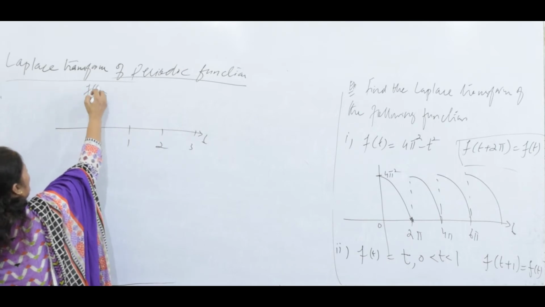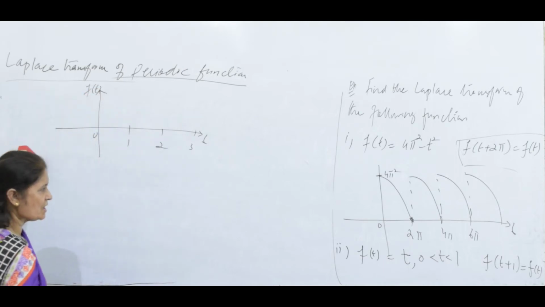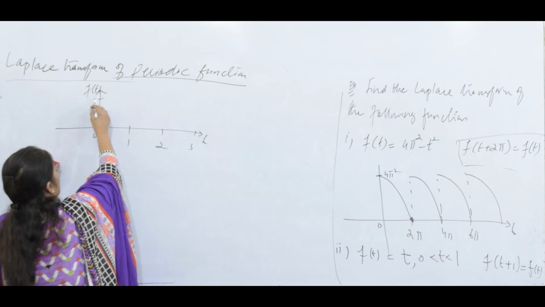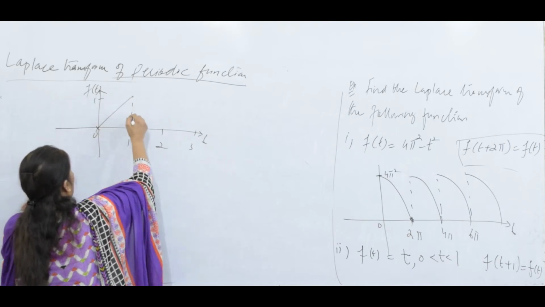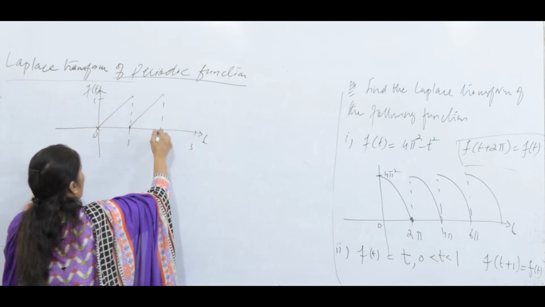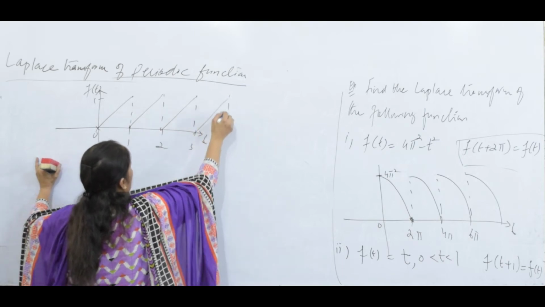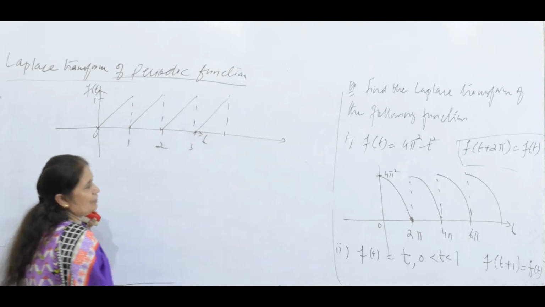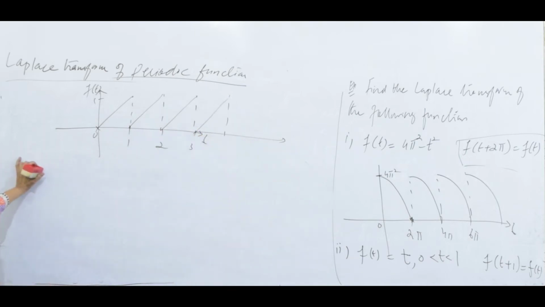Here f of t is t. When t is 0, it is 0, when t is 1, it is 1, so this is a linear function. Since it is periodic, it keeps repeating like this, so a sawtooth wave is going to be there. You have to find its Laplace transform where the period is 1.